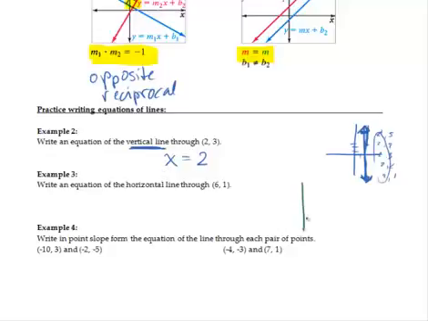Then we have a horizontal line, and this goes through the point 6, 1. This is an example of that zero slope, and if you look back up at your chart, we saw that this one has the y's. This is going through all the y points of y equals 1. So horizontal line, y equals whatever this is, just 1.